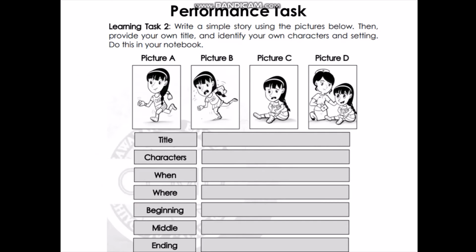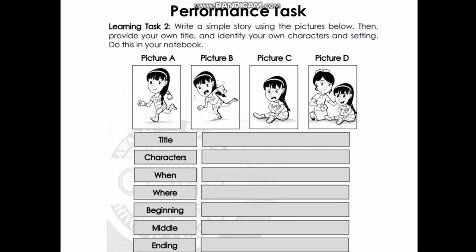Now, this is the last part of our activity. This is your performance task. You will write it on your paper, okay? Just write in your paper, performance task, learning task 2. What you will do is to write a simple story using the pictures below.